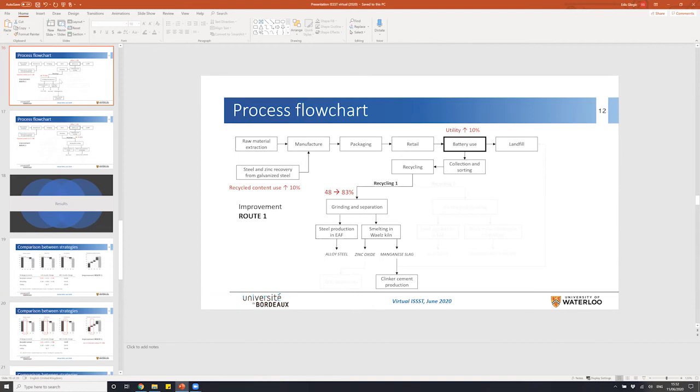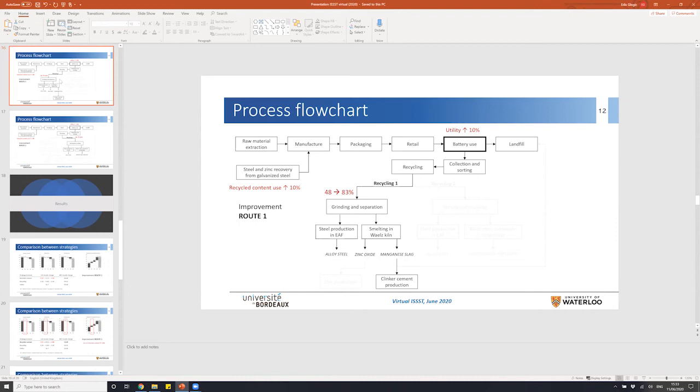Is the suggestion there of recycled content use, presuming that the average recycled content would be increased, that the steel supply would be increased by 10% over the current baseline?